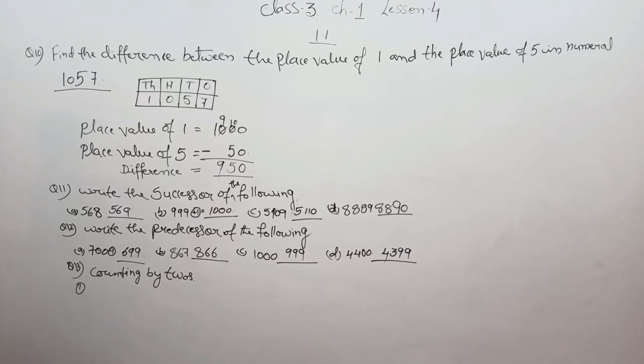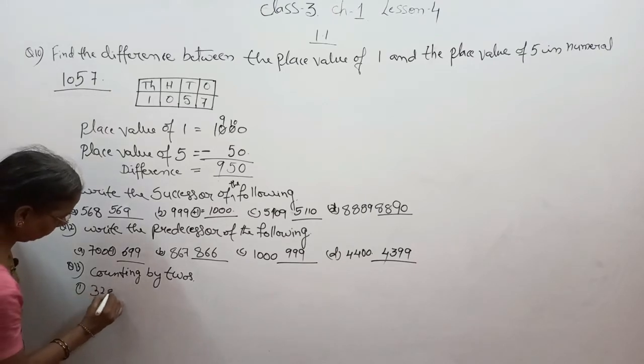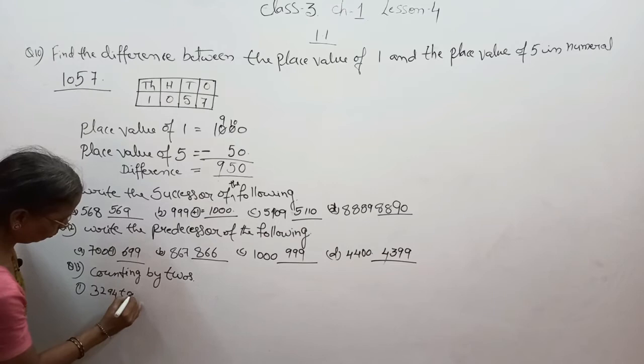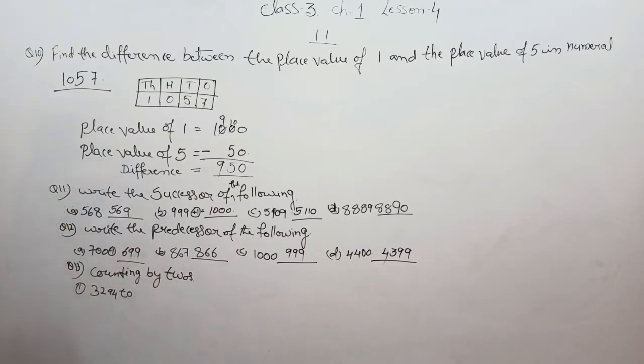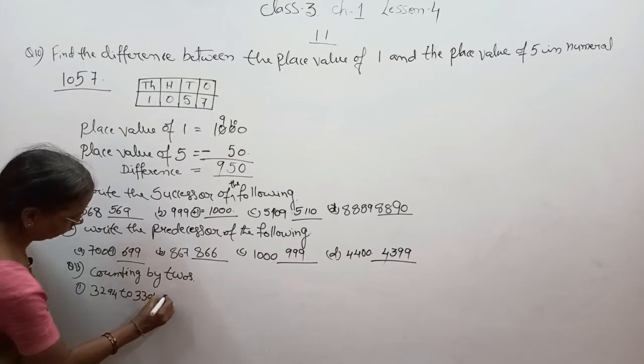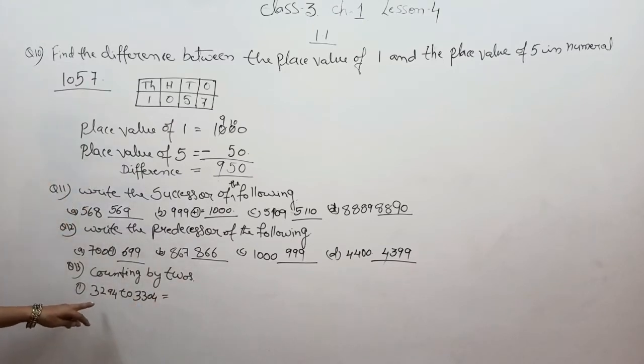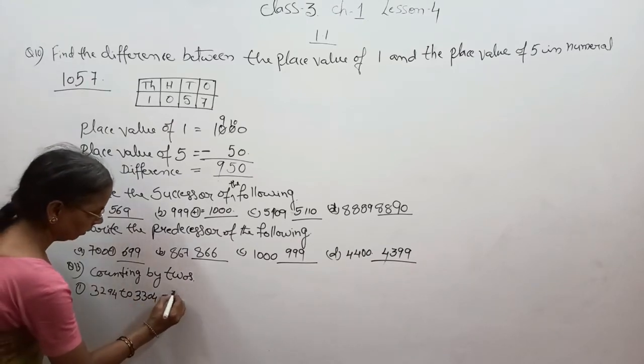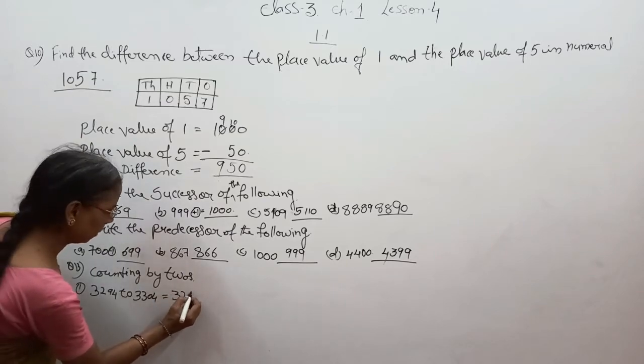Write the numbers in between 3294 to 3304. Here we have to start from 3294.